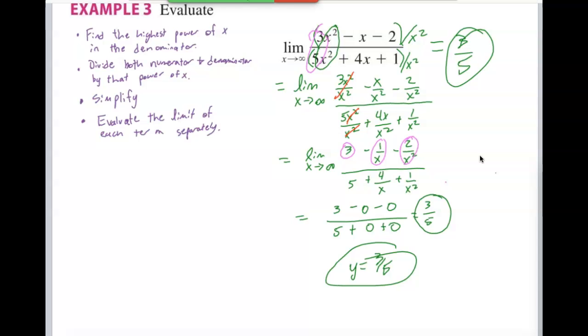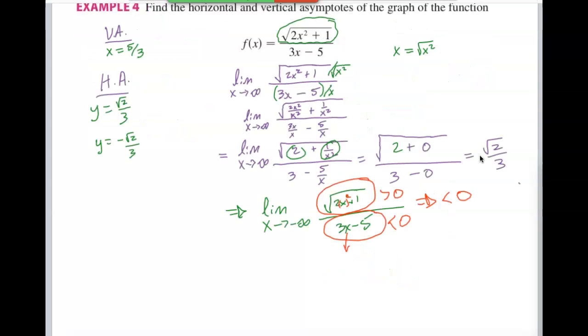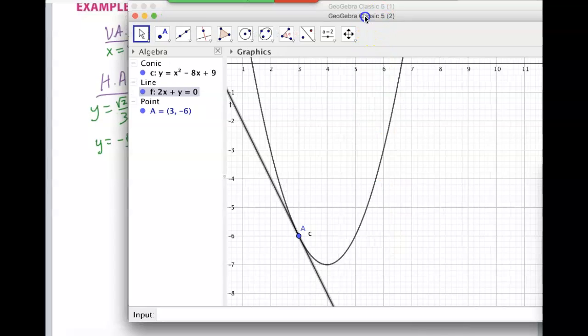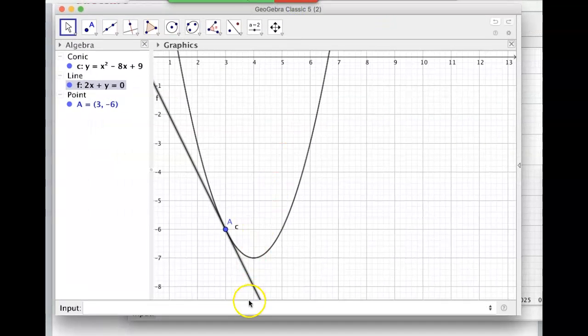We're squaring x, and in the long run, squaring x, whether x is negative or positive, is going to make your output positive. But here, our numerator and denominator are forced to have opposite signs when our input is negative. So if we take a look at that graph, let's just verify what's going on.